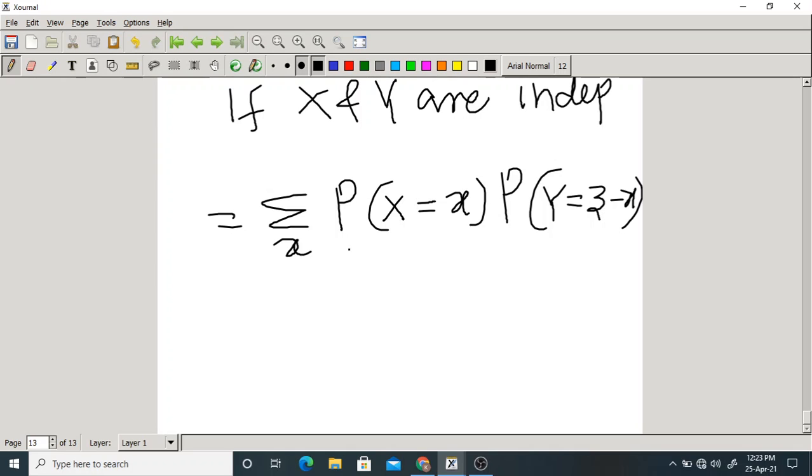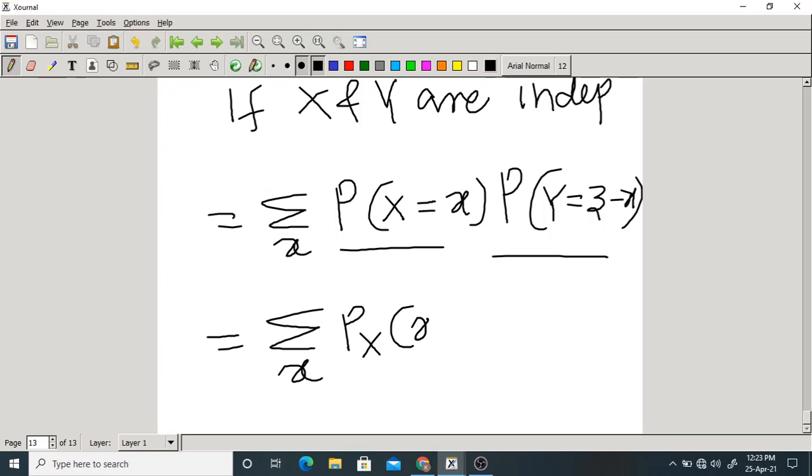Now what is this? Summation over x of P_X(x) into P_Y(z minus x). What is this? It is also a convolution.